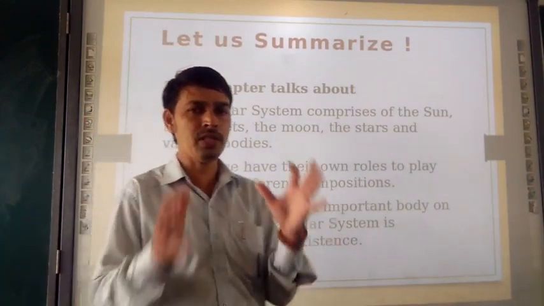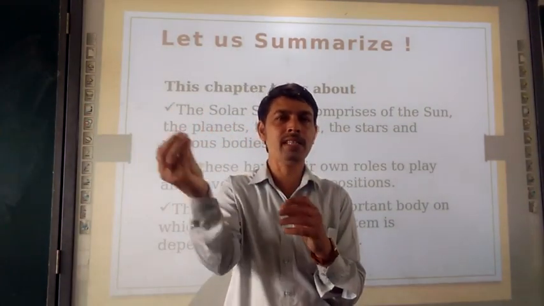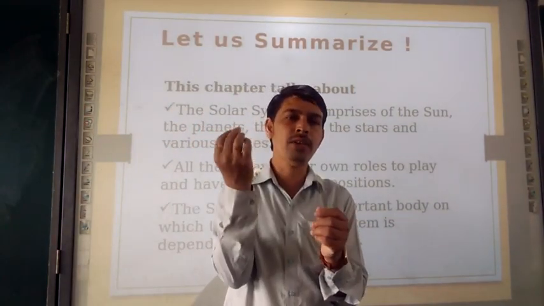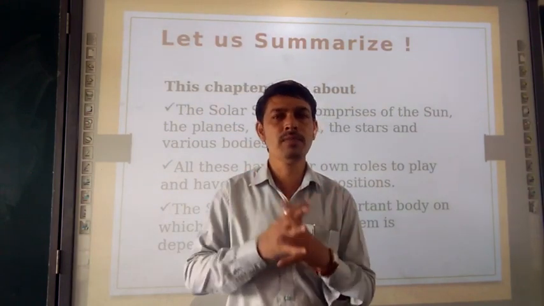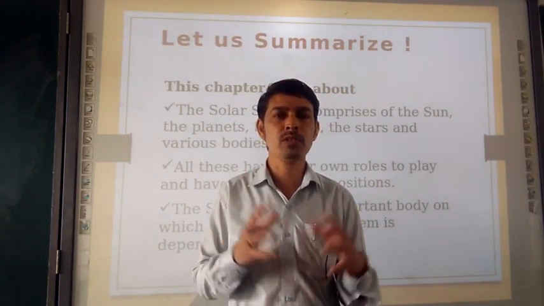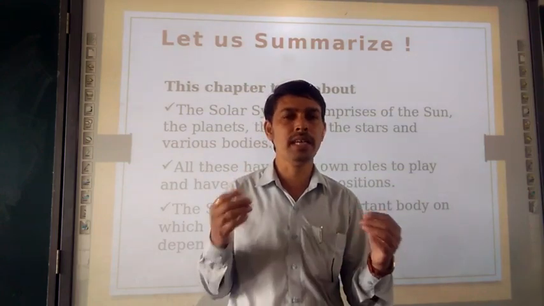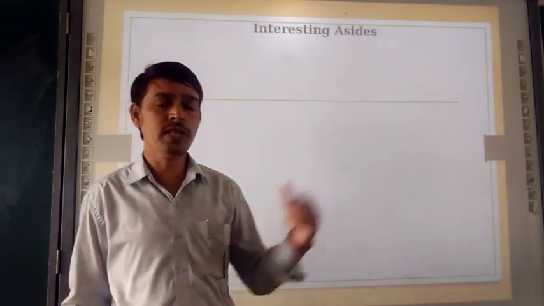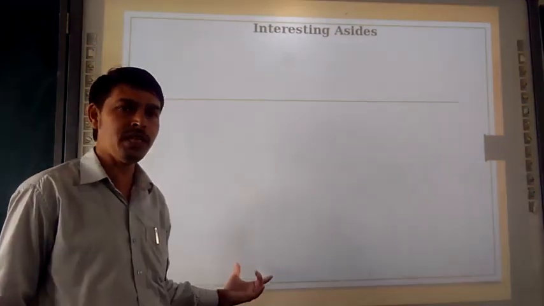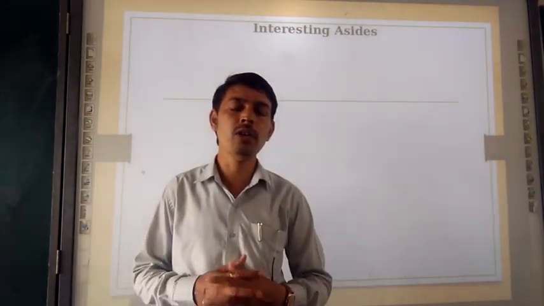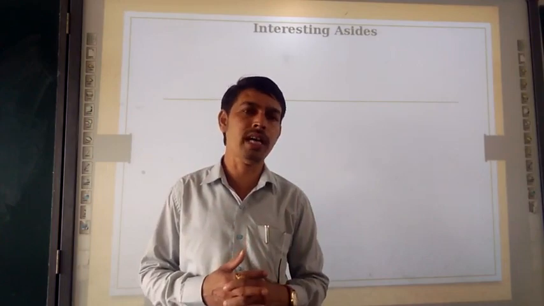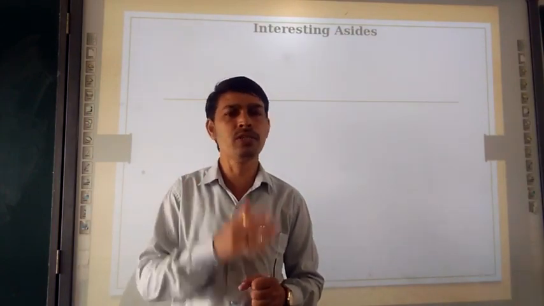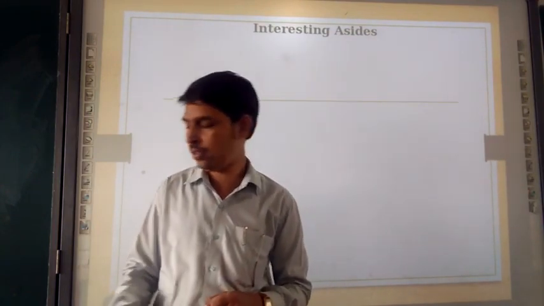So we know the sun is in between and all the planets are having the rotation and revolution on their own axis. So lastly, we are going to see the interesting aside, which is related to why Pluto is called a dwarf planet, or why Pluto is not called a planet.